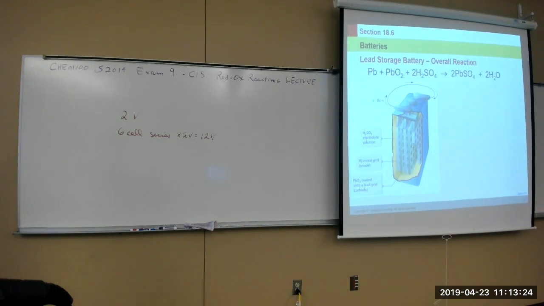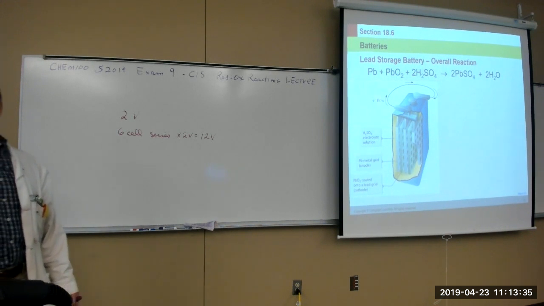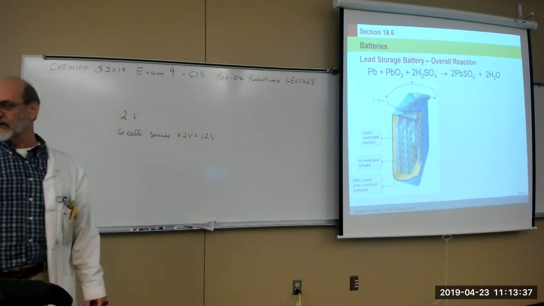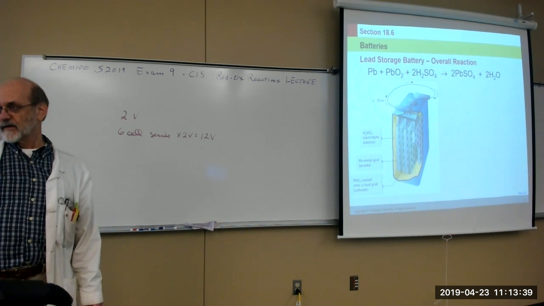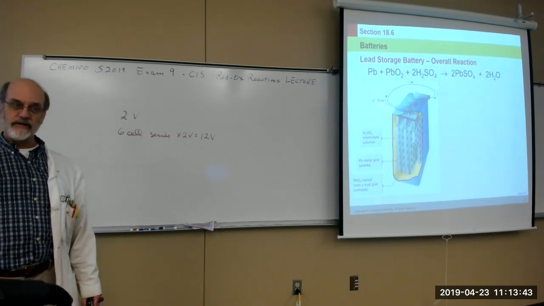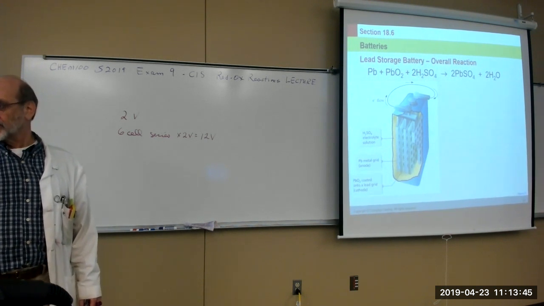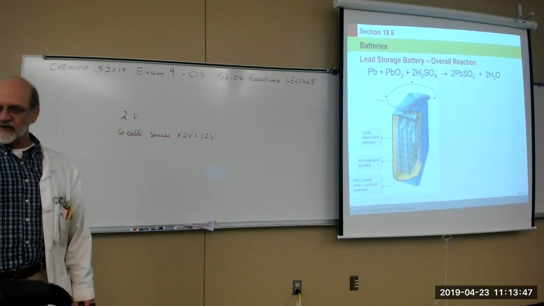It used to be what they would do is they would stick this hydrometer down in your cell and pull up some of the solution and read the density of the sulfuric acid. And as you use the battery, the sulfuric acid is consumed and not replaced. And the density is an indicator of what the concentration is. And once you reach a certain point, you can either replace the battery.